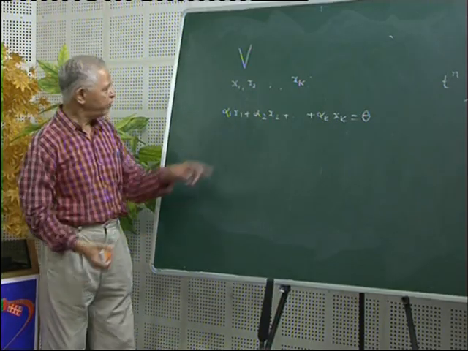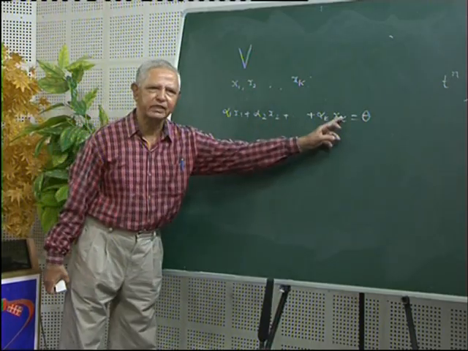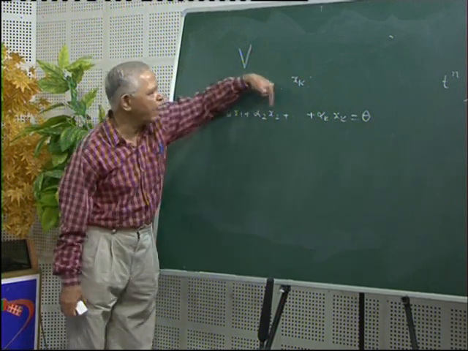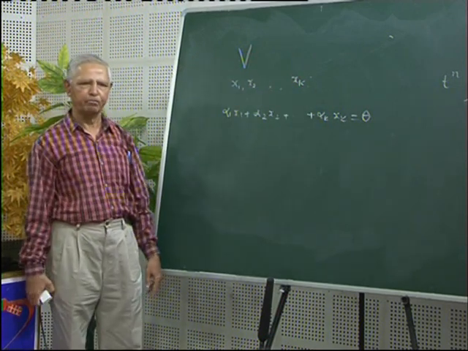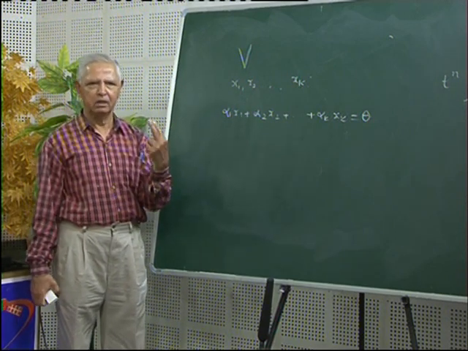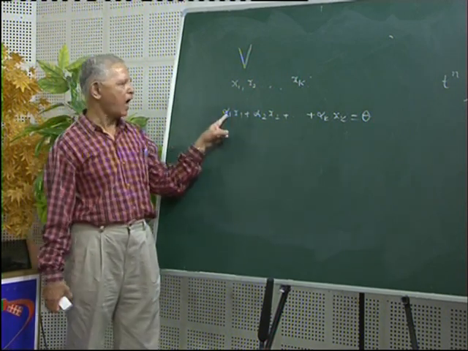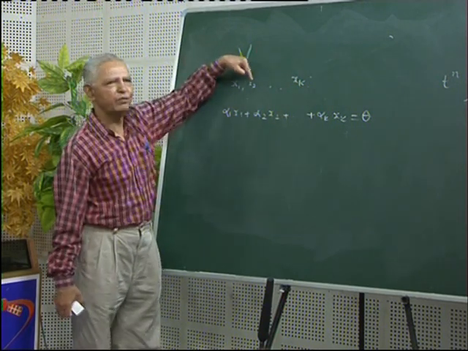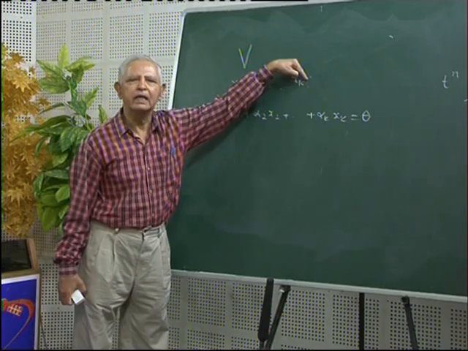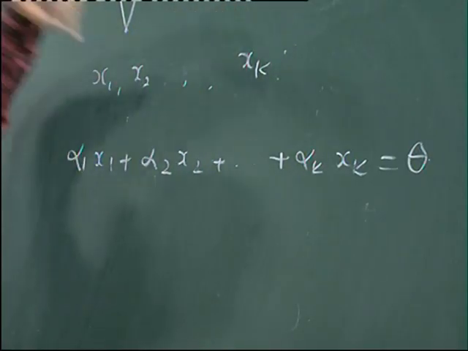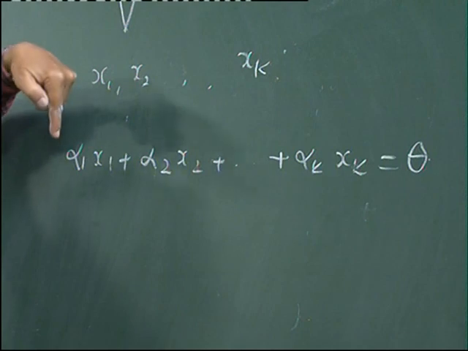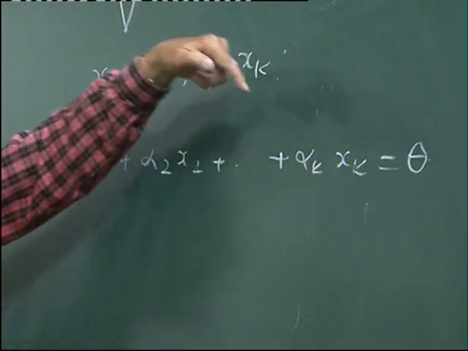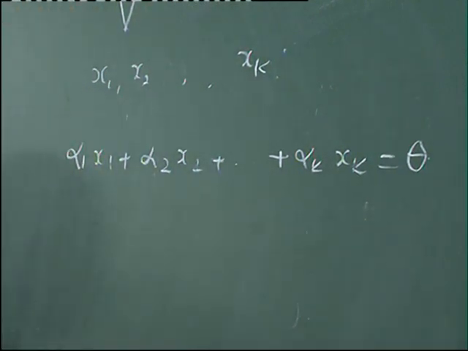Now we know the vectors x1, x2, ..., xk, so we solve this vector equation for alpha 1, alpha 2, ..., alpha k. We have two cases. The first case is that all of alpha 1, alpha 2, ..., alpha k are 0. Then the vectors are linearly independent. If at least one alpha i is different from 0, then the vectors x1, x2, ..., xk are linearly dependent.